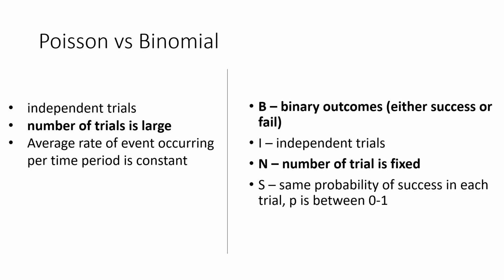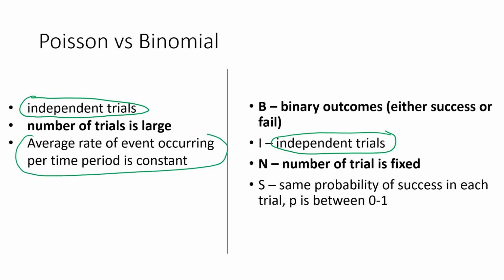Here we can look at the similarities and differences for assumptions needed for the Poisson and binomial distribution. Some similarities are independent variables. You need them for Poisson and for binomial. Another similarity is the average rate of an event occurring per time period is constant. That's the same as saying P is the same and Q is the same.